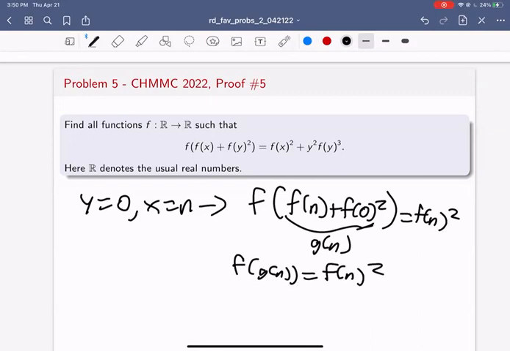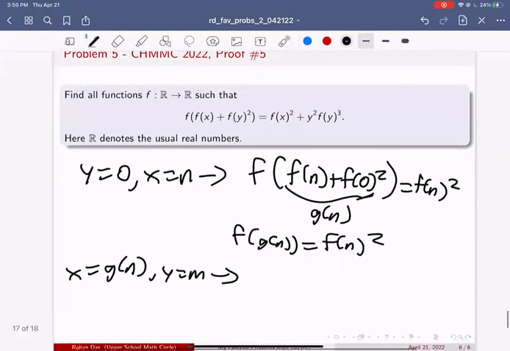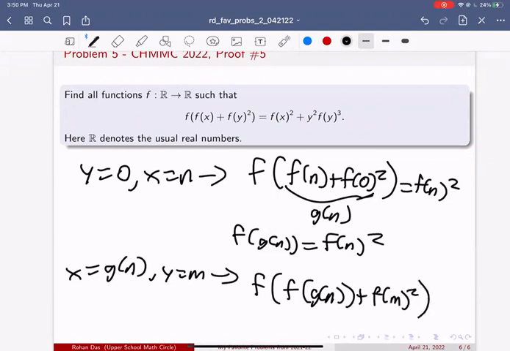And from here, it seems hard to draw any conclusions. So we can try substituting x equals g of n and see what we get. And also y equals m for all m. This gives that f of g of n plus f of m squared equals f of g of n plus m squared f of m cubed.